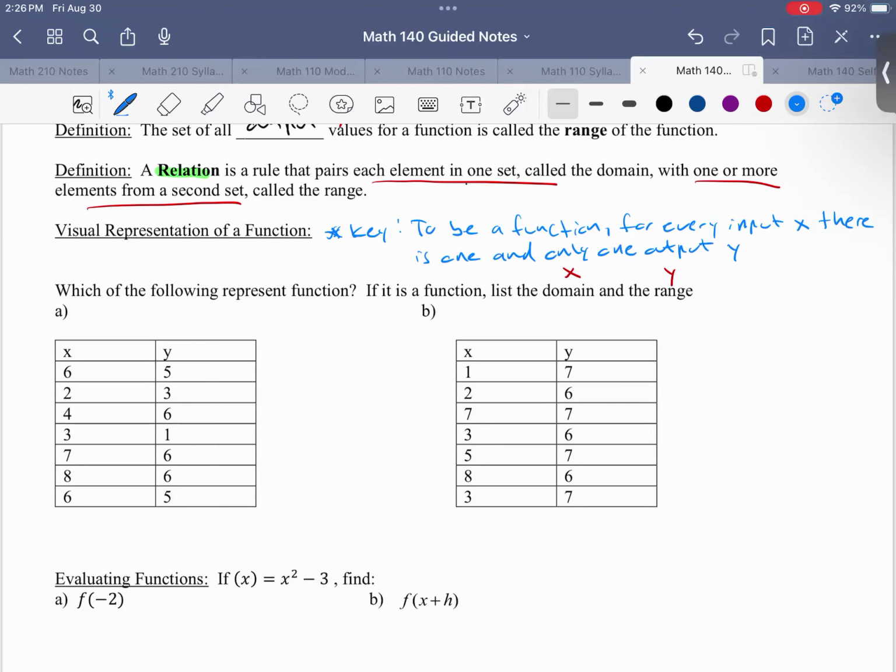Can't have more than one Y connected to it. We'll see what that means in a second.